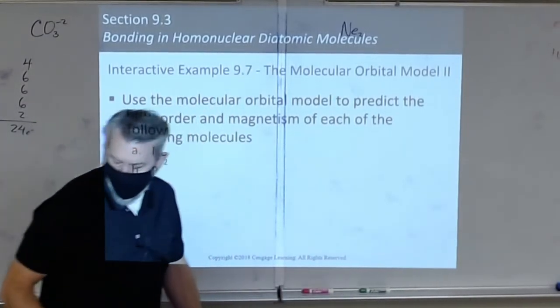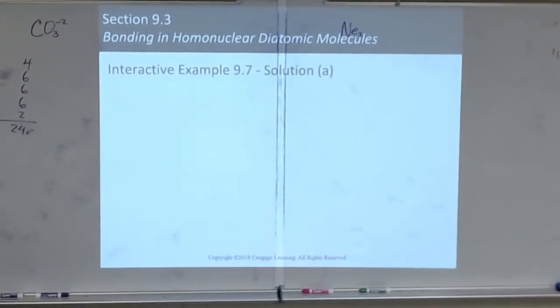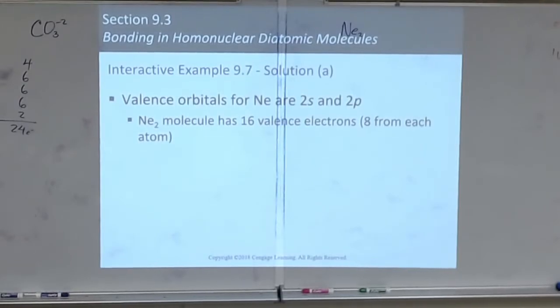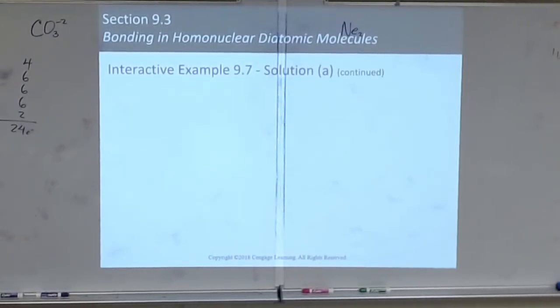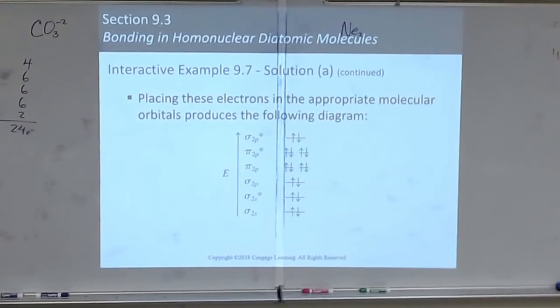So if I wanted to draw neon, let's see if the pictures show up. Two Ne atoms give 16 valence electrons. Let's put them in the following. There's our diagram.